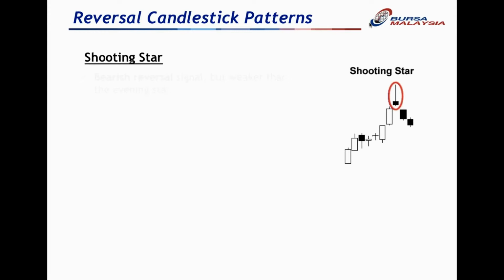And next we see a shooting star. Okay, now this is a shooting star. A shooting star is a bearish reversal signal, but it is slightly weaker than the evening star. Now if you notice, a shooting star is the opposite of a hanging man. A hanging man is like upside down, the other way around.